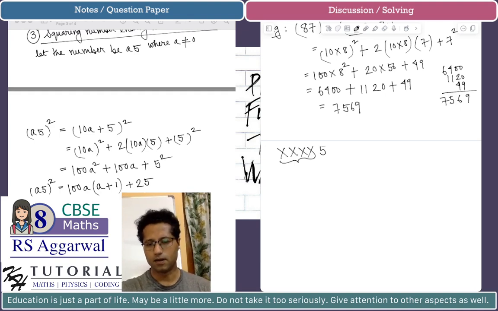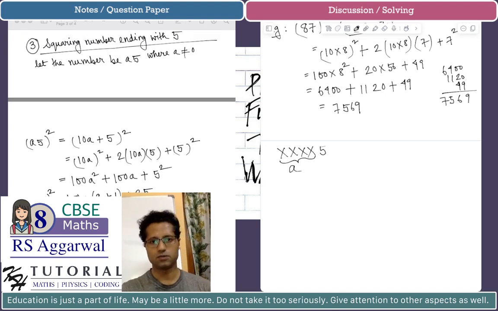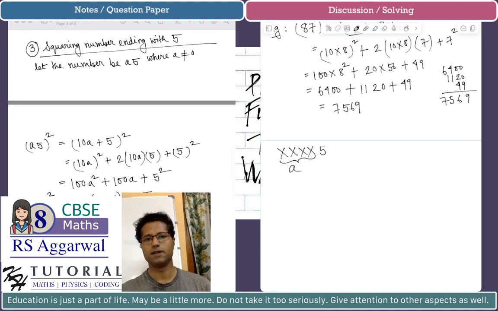Let's say I am representing the number, with the digit at the units place being 5, as a5. When squaring a number ending with 5, let the number be a5, where a is not equal to 0 and a is not necessarily a single digit. It could be a 2-digit, 3-digit, 4-digit or 5-digit number.